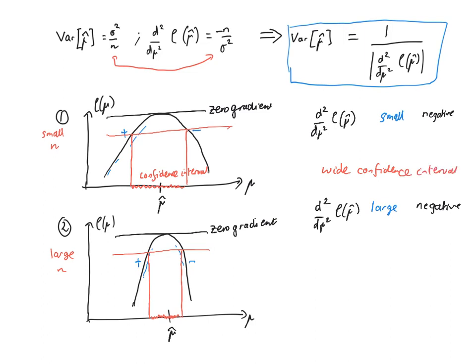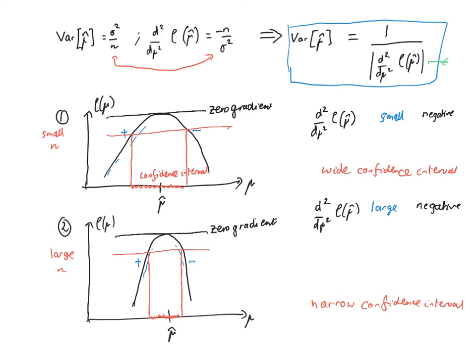Again, that's because there's a slow change in the log likelihood function. Here we have a narrow confidence interval, and again, that's because there's a quick change in the log likelihood function. Now let's try to link this with the idea of variance that we saw before. When the second derivative of L at mu hat is small and negative, when we take the absolute value of that, the negative goes away.